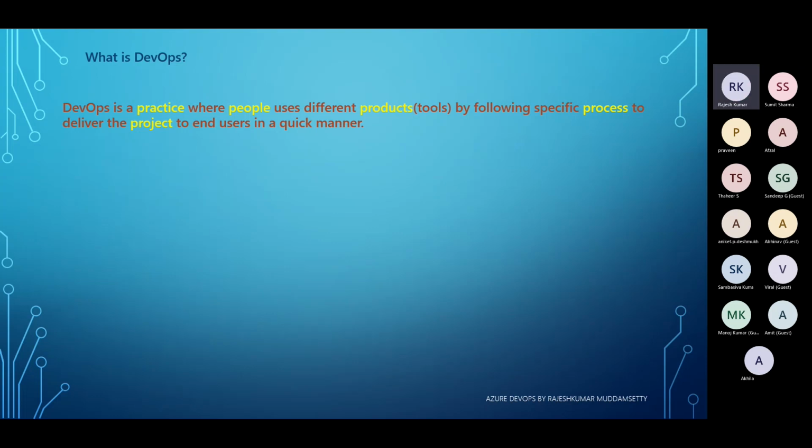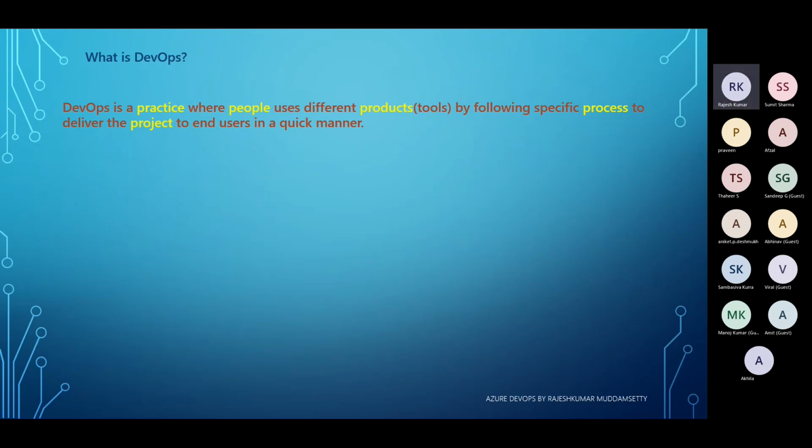Why am I saying specific process? Because whenever you are using any tool, obviously you will get a user manual, an instruction manual, and no one follows that instruction manual. Anyone among us will open the user manual only when we get a problem in that tool.